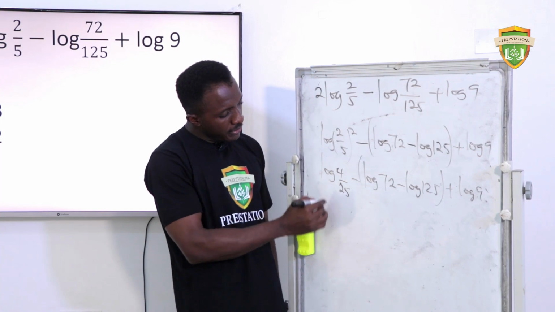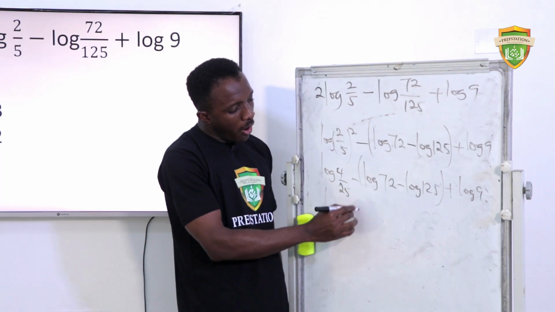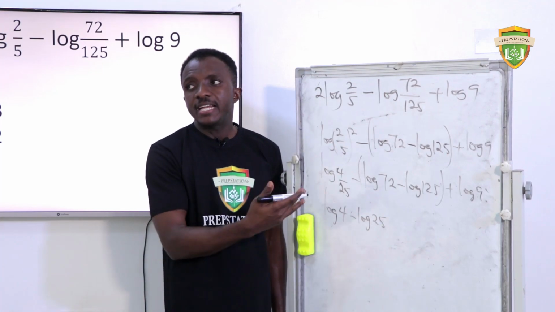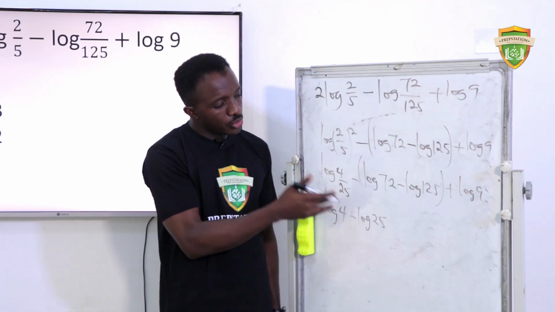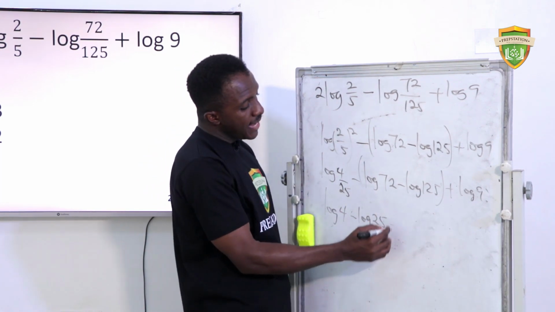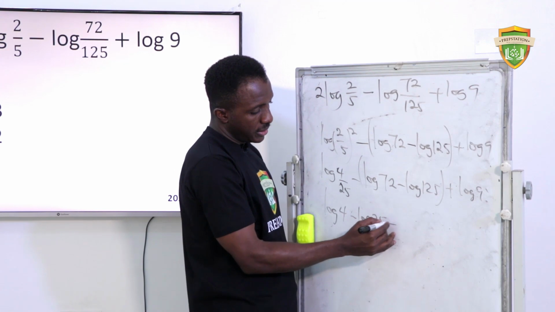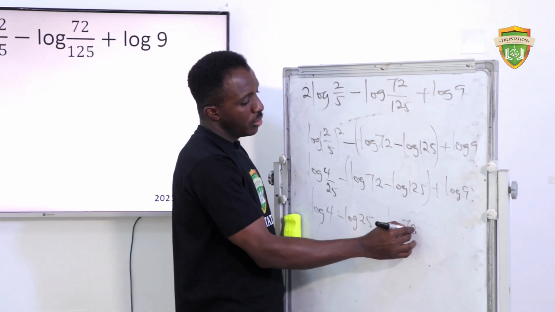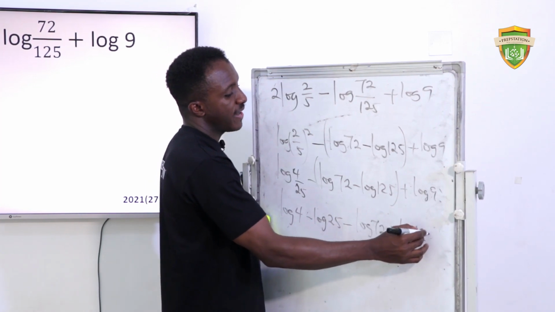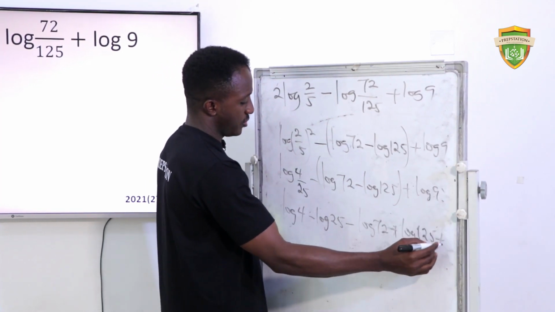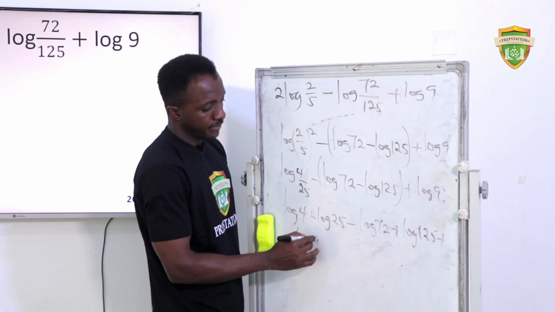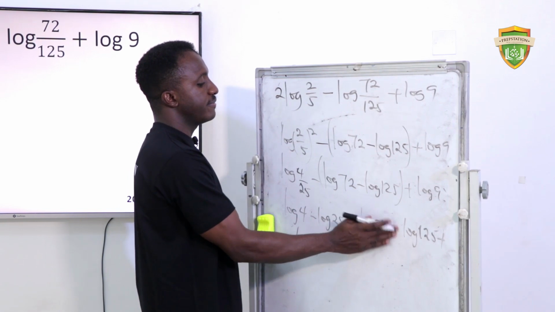Now, if we expand, this will give me log 4 minus log 25. What are we doing? We're simply applying the laws of logarithm to solve this question. So we have log 4 minus log 25 minus, look at this, log 72 plus log 125, and then plus log 9. Now, what did you observe?